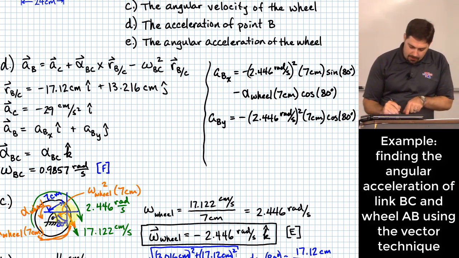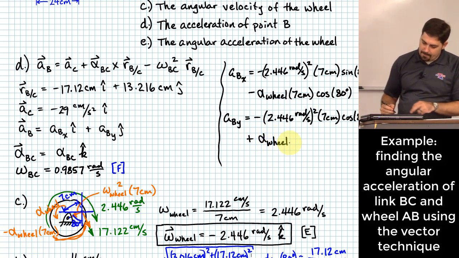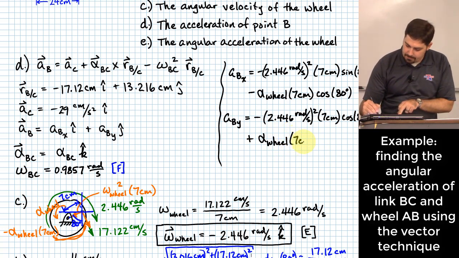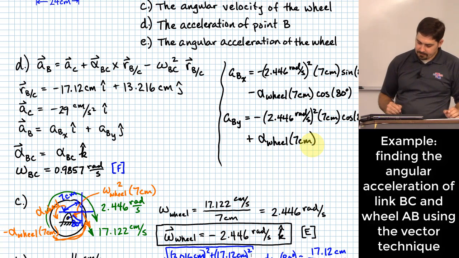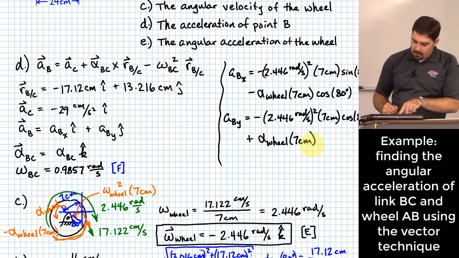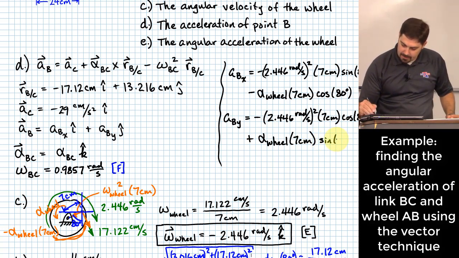Okay. Then I look at my tangential component. It'll be pointing down, but it has a negative value right here, so I'll say plus alpha wheel times 7 centimeters. All right, times, and I just want the vertical component, so I multiply by the sine of 80 degrees.